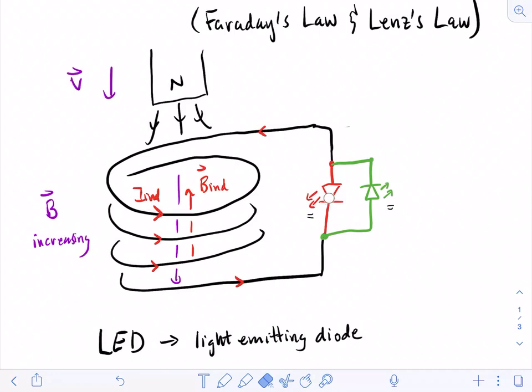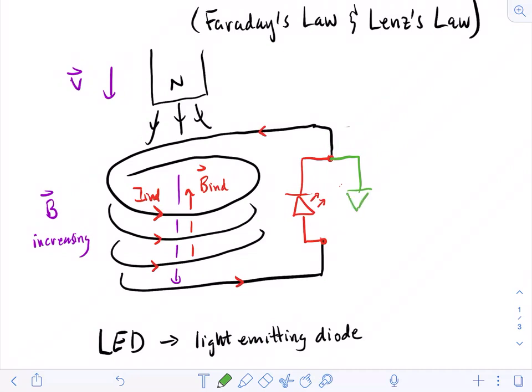I want to change the color of my diodes because it didn't work out the way I wanted. I'm going to redraw my diodes, but this time I'm going to put the red one over here, in this orientation. So there's our red LED, and then I'll put my green one over here.